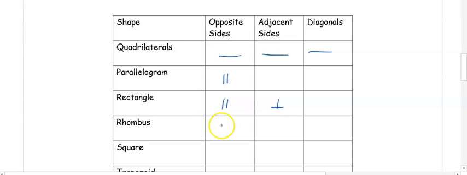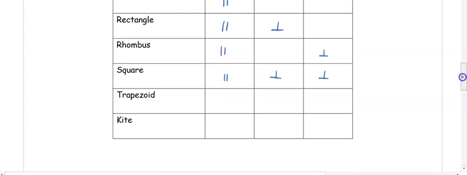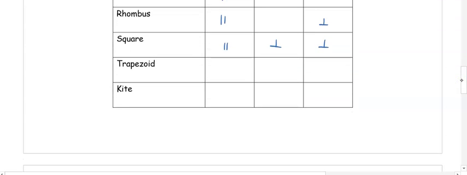If it is a rhombus, our opposite sides are parallel, our diagonals are perpendicular. If it's a square, then our adjacent sides are going to be perpendicular, our diagonals are also going to be perpendicular. If it is a kite, we are not going to have anything with the opposite sides or the adjacent sides, but our diagonals are perpendicular.